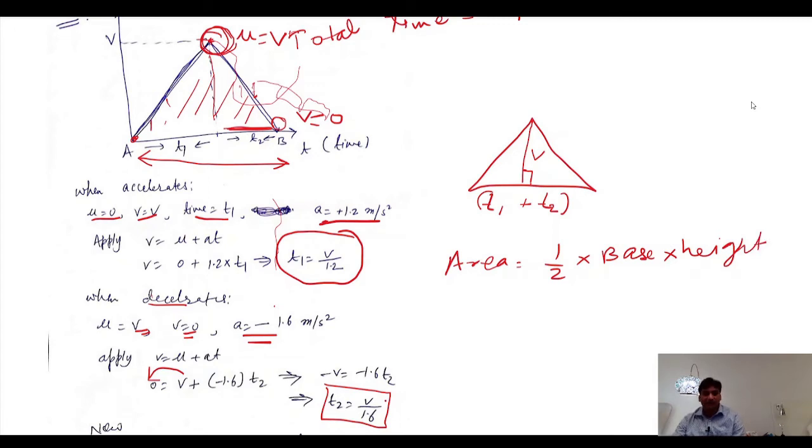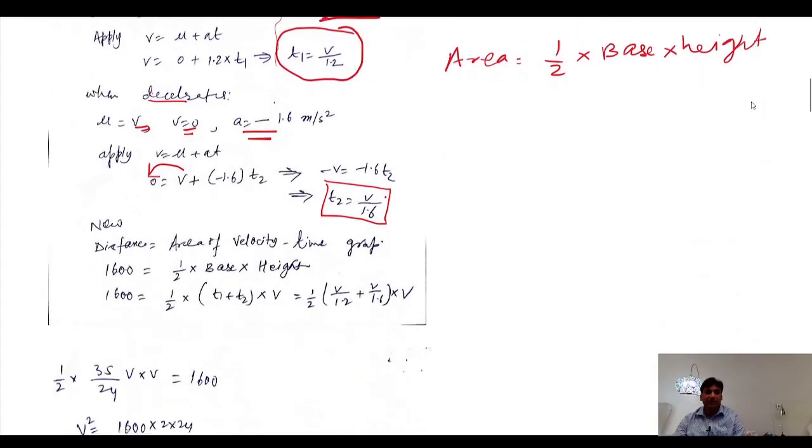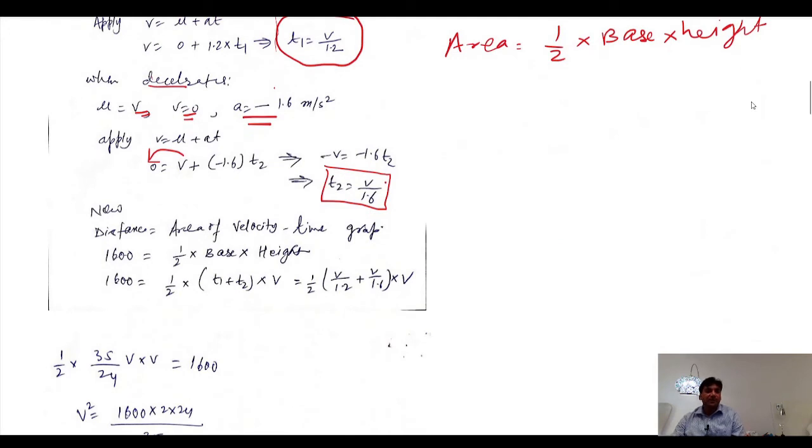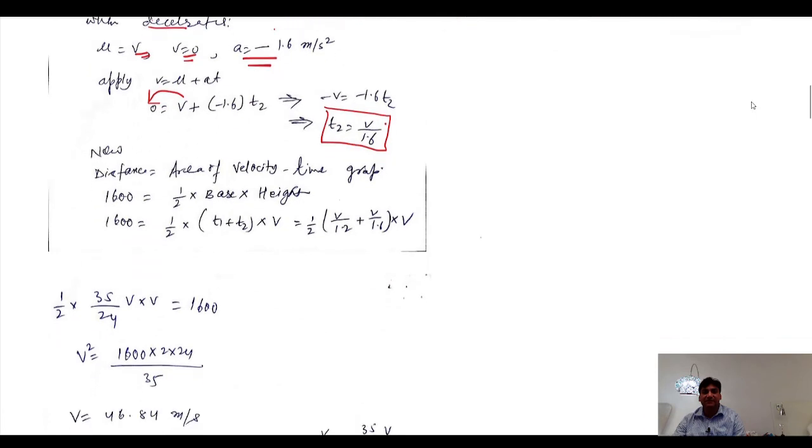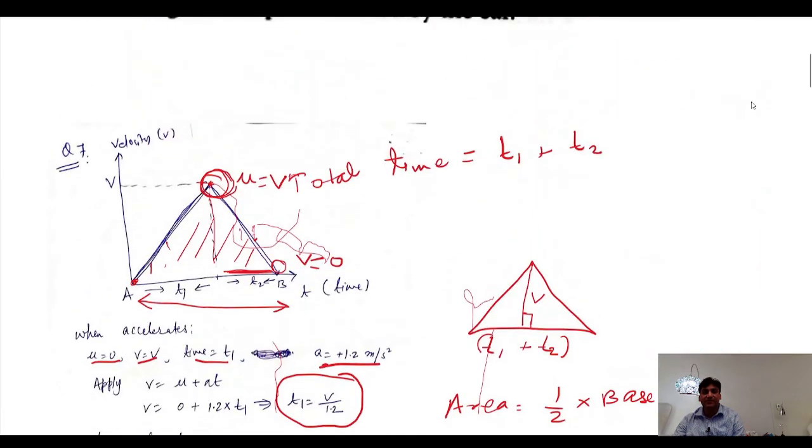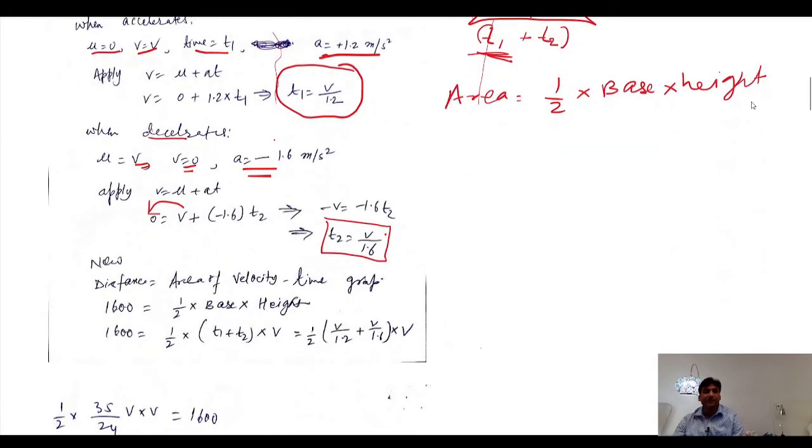Now I'm going to explain the same thing here, where I have already worked it out. Distance is the area of the velocity-time graph, so that is half times base times height. The distance is already given, that is 1600, and half, and the base is t1 plus t2. How did we get the base t1 plus t2? You can check here, this is t1 plus t2, and the height is v.